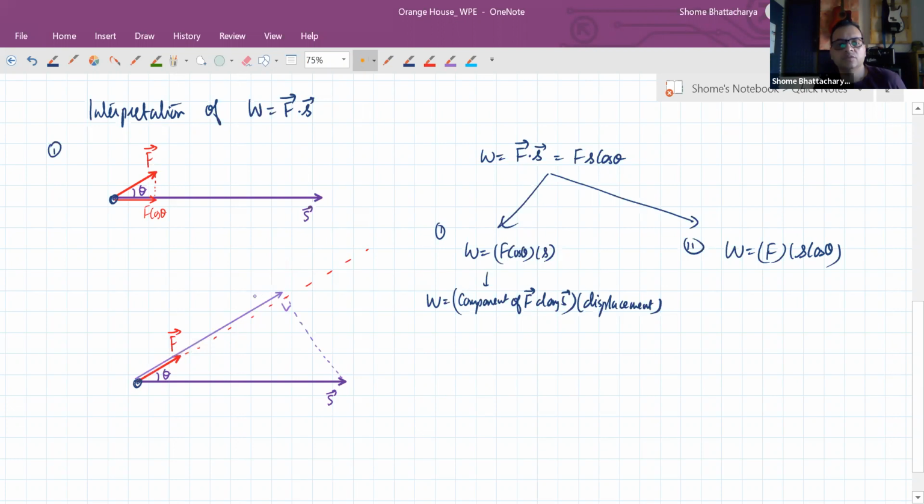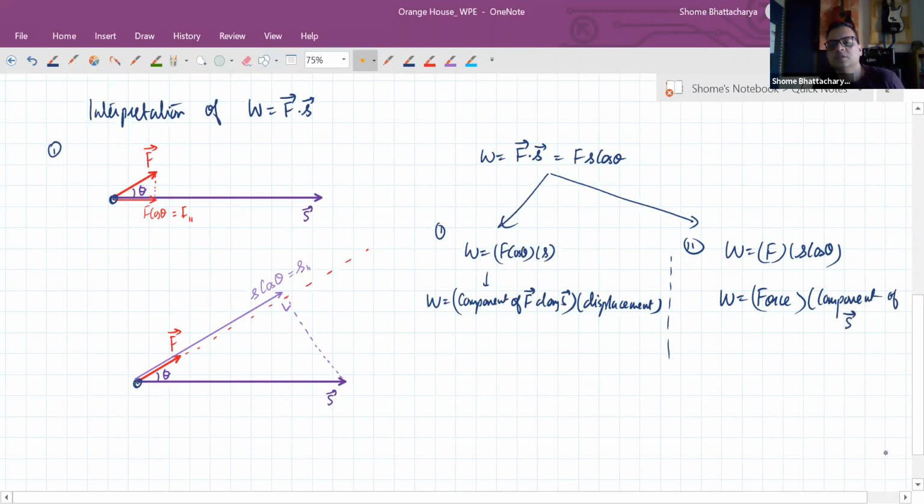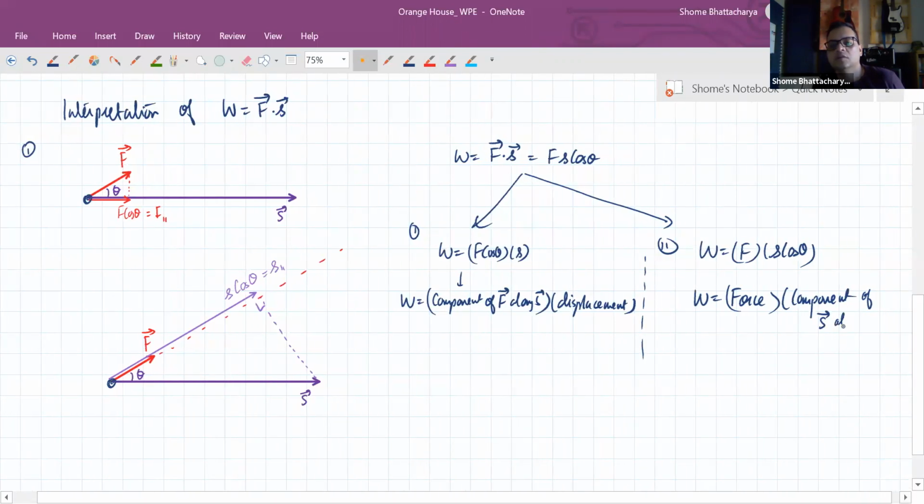So this is the interpretation of projection, or component of one vector along another. This is like that parallel component. So alternately, work is force multiplied by component or projection of displacement along force. These are the two ways in which we can interpret the work done quantity.